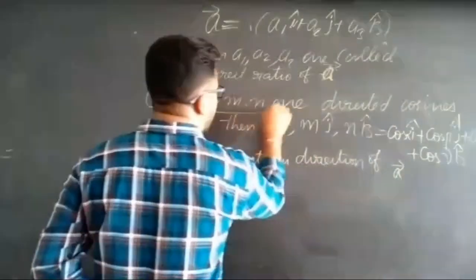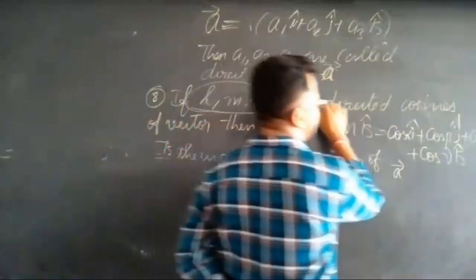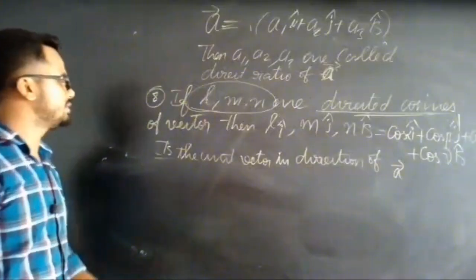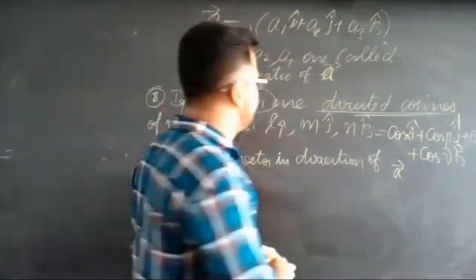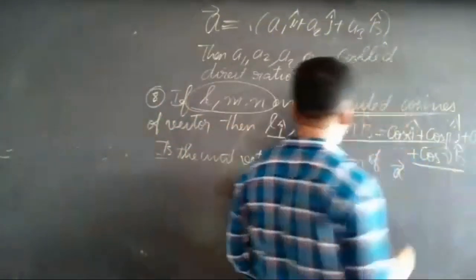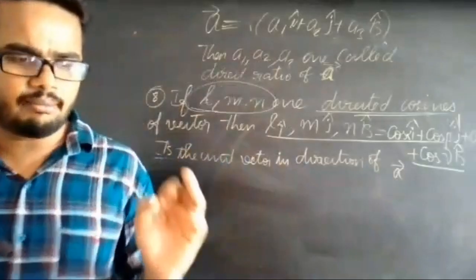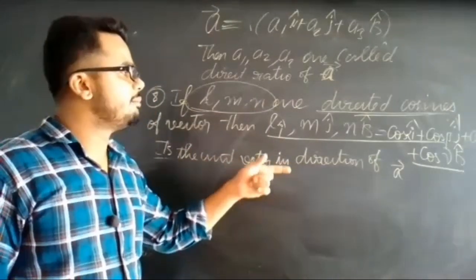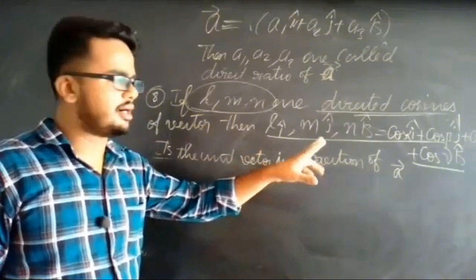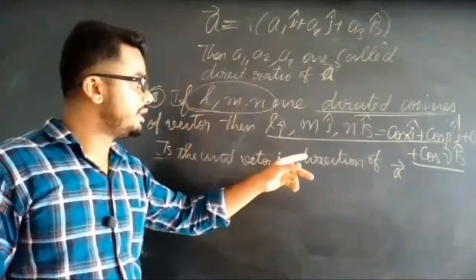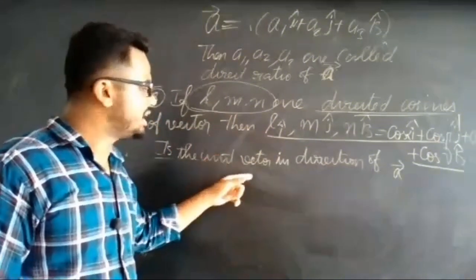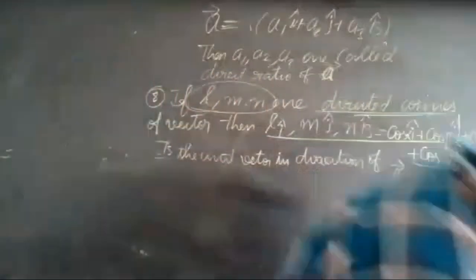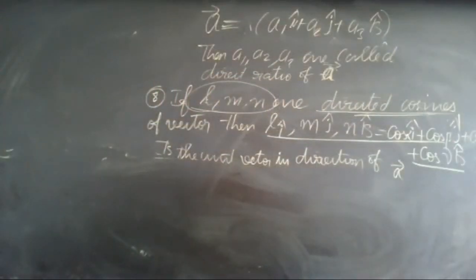If l, m and n are the direction cosines of a vector, then l i plus m j plus n k, which is cos alpha i plus cos beta j plus cos gamma k, will be a unit vector in the direction of the vector. This is about almost all the concepts of your vector algebra.